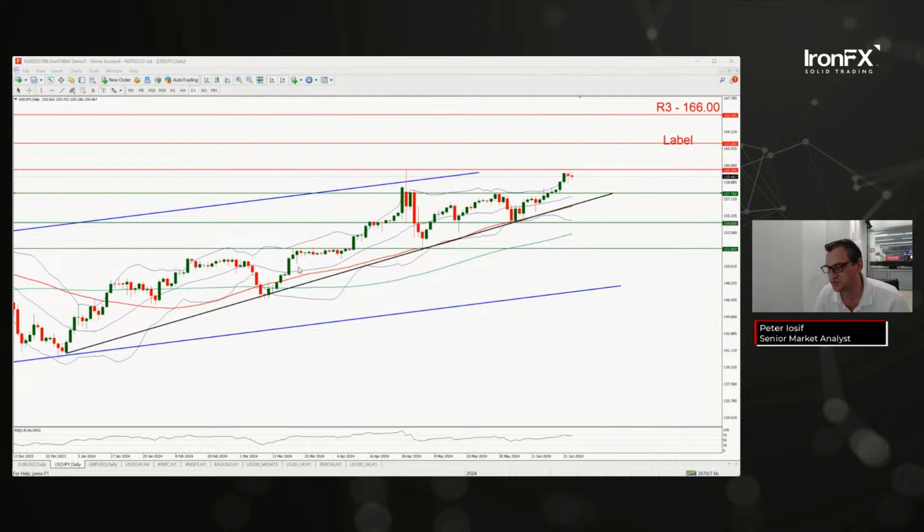The R2 at 163. And the R1 at 160.20. Moving now to the S1. 157.70.